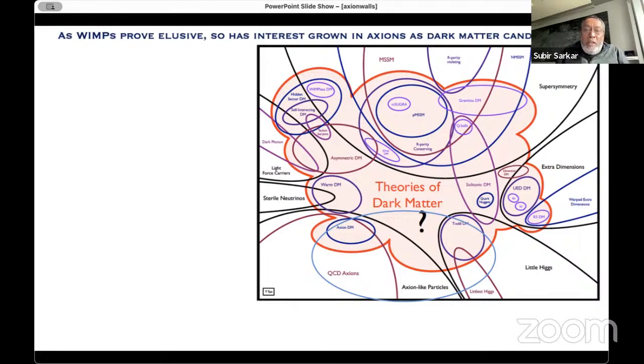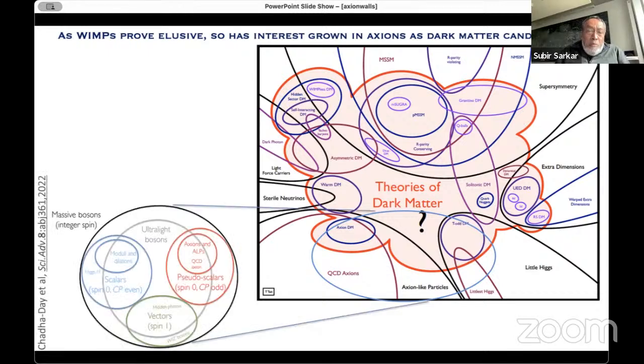And those are all in the upper right-hand corner of this picture. Axions were proposed around the same time, but they did not attract as much attention. And in the last 10 years or so, the situation has reversed because of our failure to find WIMPs, to put it bluntly.